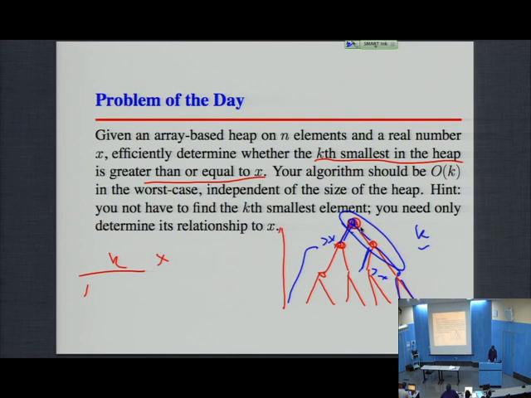Because in a binary tree, if I have 2 internal nodes, I've got 3 leaves. The number of dead-end leaves that I'm not going to visit beyond is going to be at most essentially the number of internal nodes. So if there are k internal nodes, there are k or 2k external nodes, we're only going to look at order k nodes.